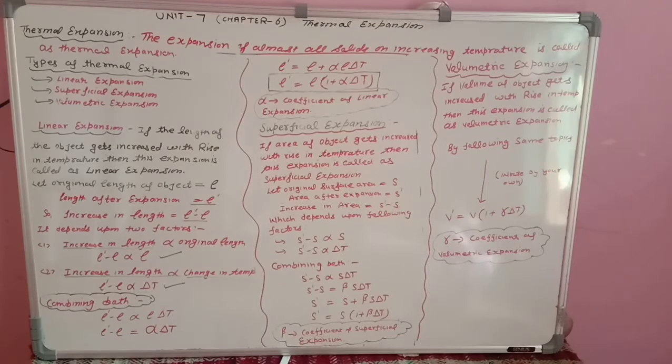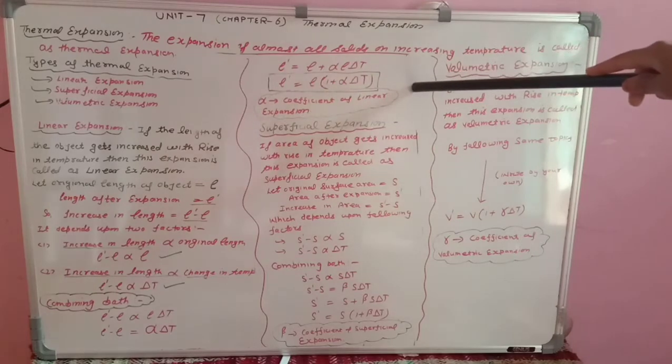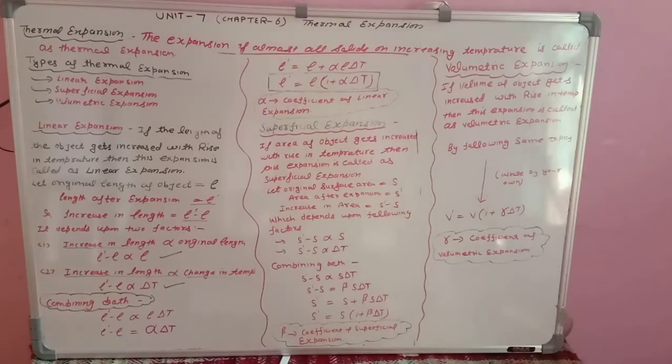So students, this is all about my today's topic, that is thermal expansion. So once again I am recapitulating the topics we have studied, that thermal expansion means the expansion of solids with rise in temperature, and it is of three types: linear expansion, superficial expansion, volumetric expansion, and expressions for these are L dash is equal to L into 1 plus alpha delta T, S dash is equal to S into 1 plus beta delta T, and V dash is equal to V into 1 plus gamma delta T, where this alpha, beta, gamma, these are the coefficients of expansion.